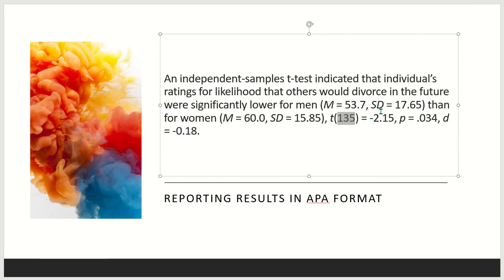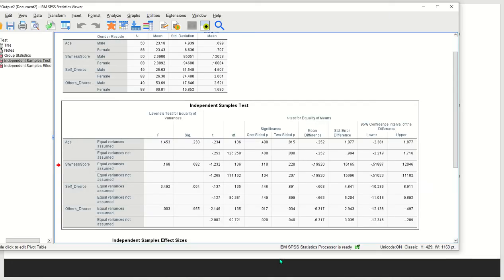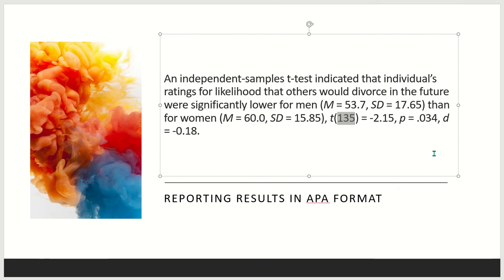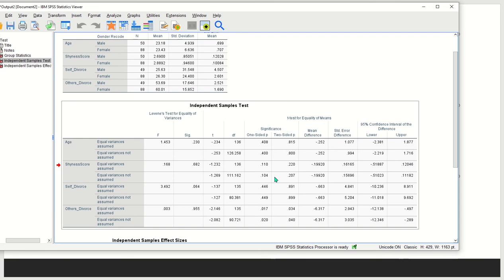Then you report the t statistic, which can be found here under the t, depending on what row you're using. Then you put the p value, and this says 0.034. Our p value, we're using the two-sided t-test, was right here, 0.034.